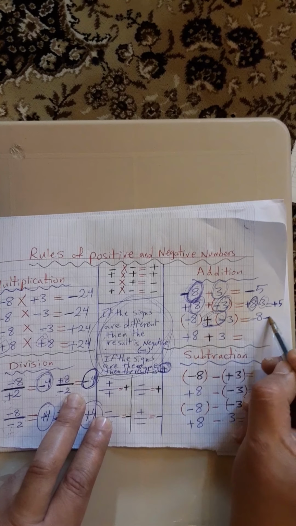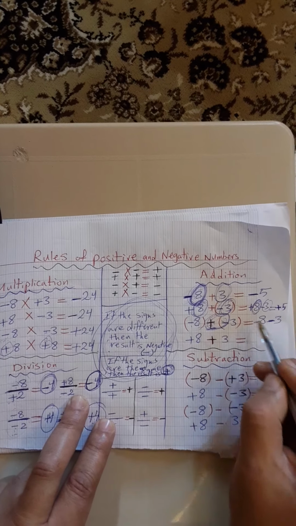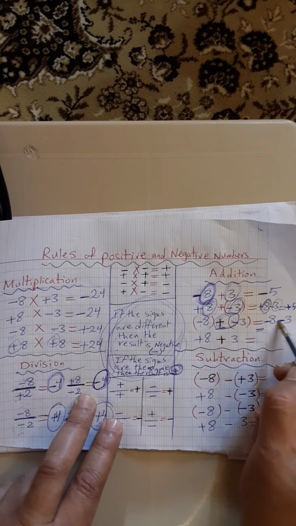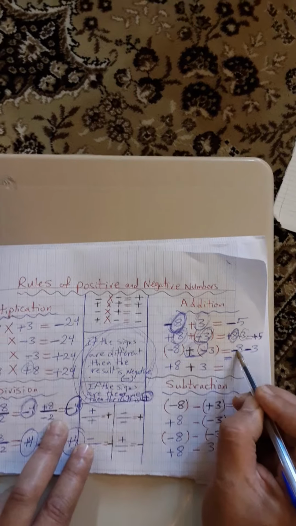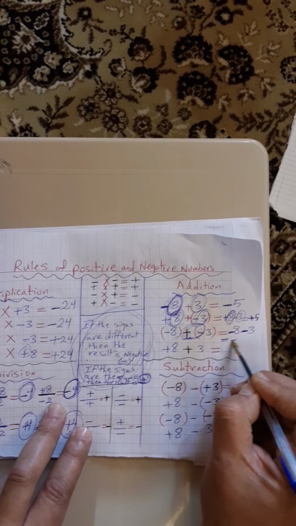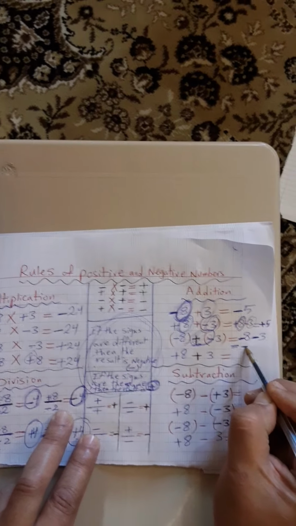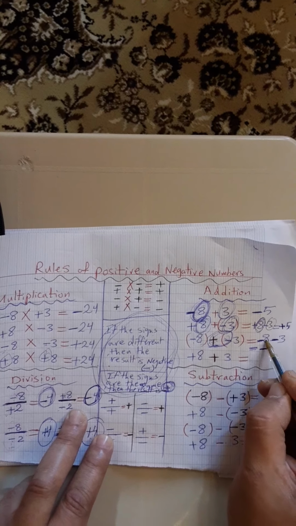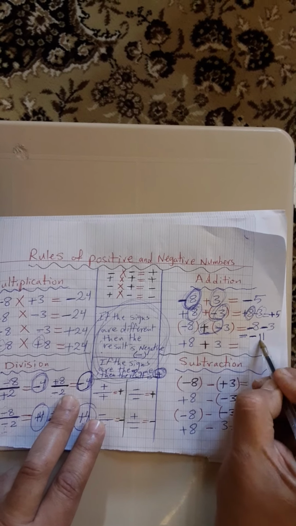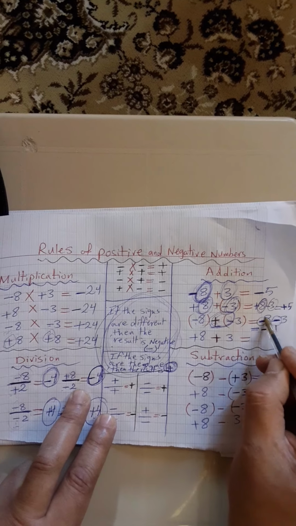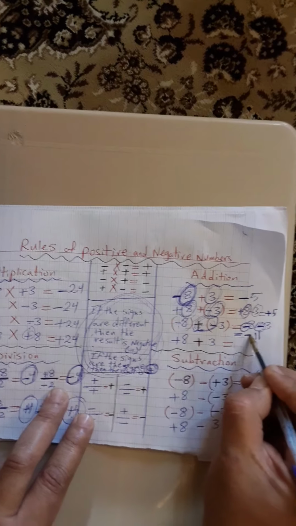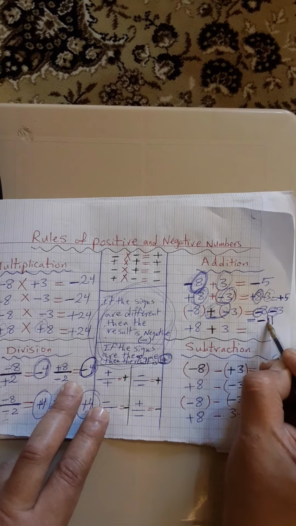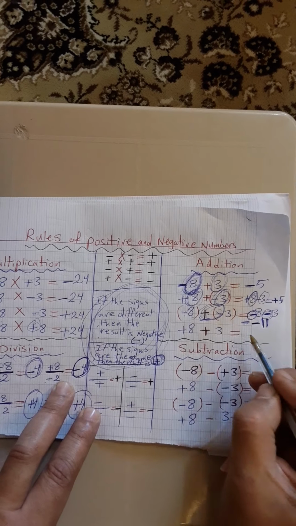After removing the bracket, minus 8 minus 3. The result is minus minus, the signs are the same. We can add the values and keep the sign minus. 8 plus 3 is 11. Because the signs are the same, minus and minus, we keep the same sign minus and add the values: minus 11.